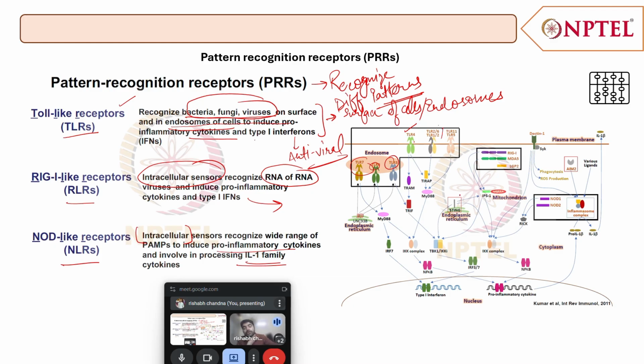I'm not going into that much depth, but these lead to the production of type 1 interferon or the pro-inflammatory cytokines that lead to the activation of the NF-kappa B pathway, the major pathway for inflammation. Then we have dectin 1 that majorly activates phagocytosis, ROS production, and the inflammasome complex.